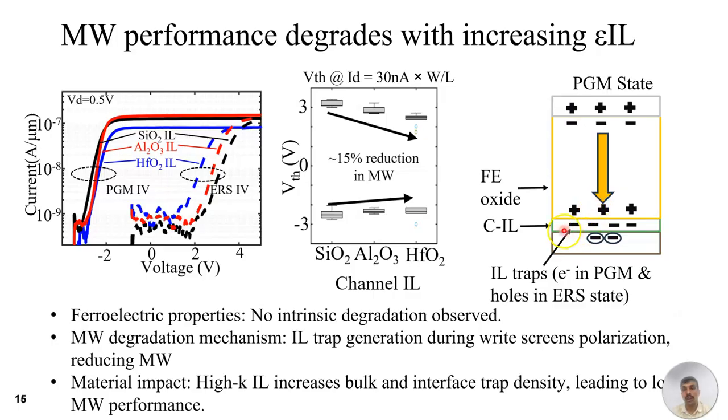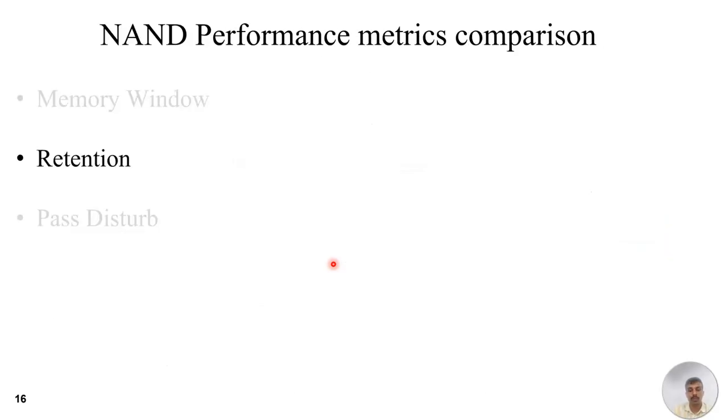Now there is a channel interlayer material dependence as well, where if we use high-K materials such as HfO2, it has higher trap densities, and higher trap densities lead to higher trap charges, and that leads to stronger polarization screening, which results in higher reduction in memory window performance. Thus, high-K materials have higher trap densities, which result in higher trap charges and a stronger polarization screening compared to SiO2 CIL.